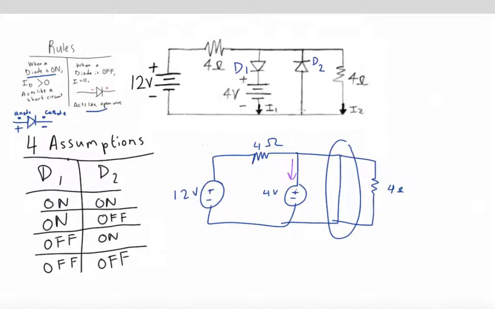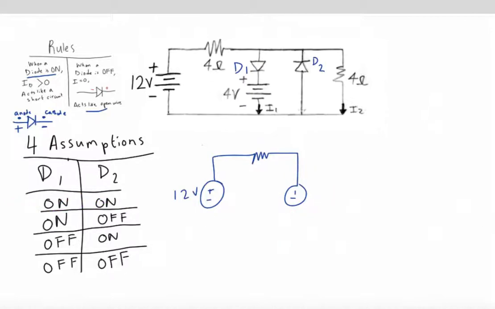But we assumed both are on, which means both should be conducting current. Due to this short circuit, the current going through diode 1 is zero, and that contradicts our assumption that both are on. For that reason, we can eliminate the first assumption. It just can't be the case.